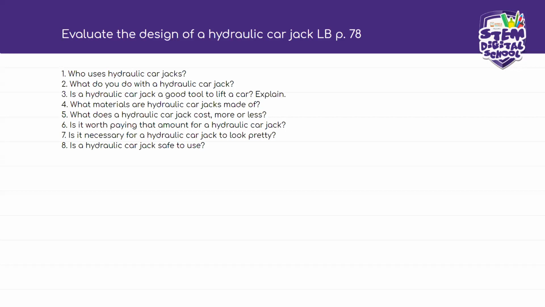Ma'am, I think sometimes it depends on the brand of the car jack. The price will depend on the brand. Yes, sometimes we buy machines and we pay more just for the brand. Yes, ma'am.